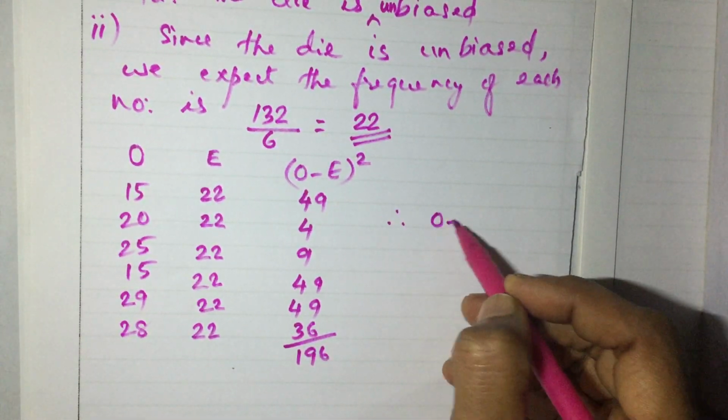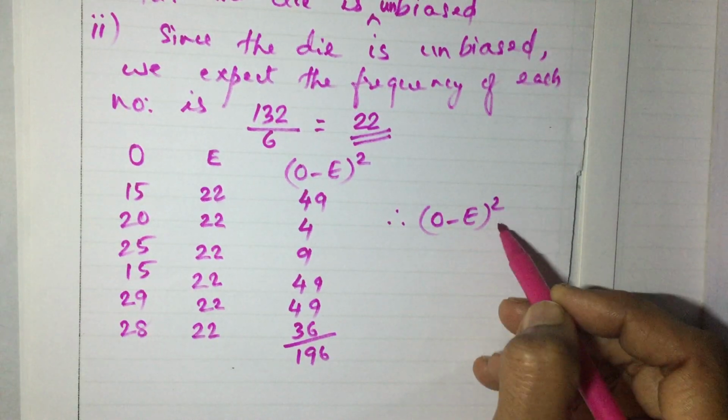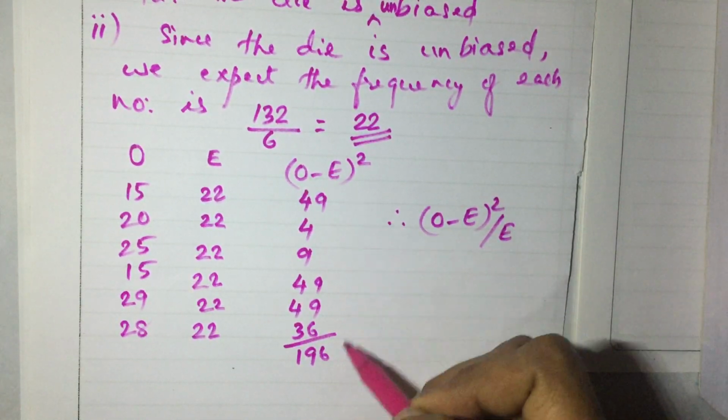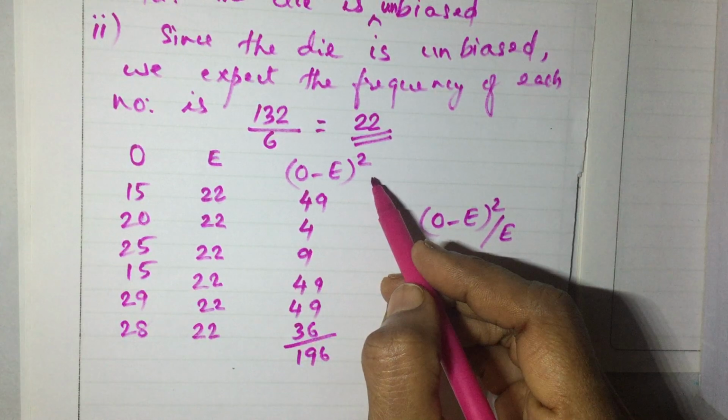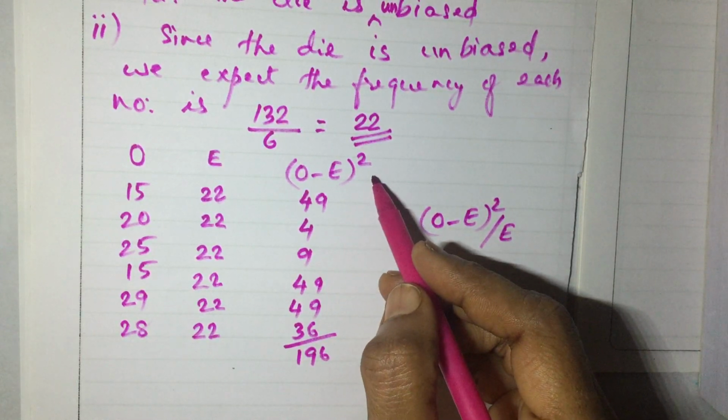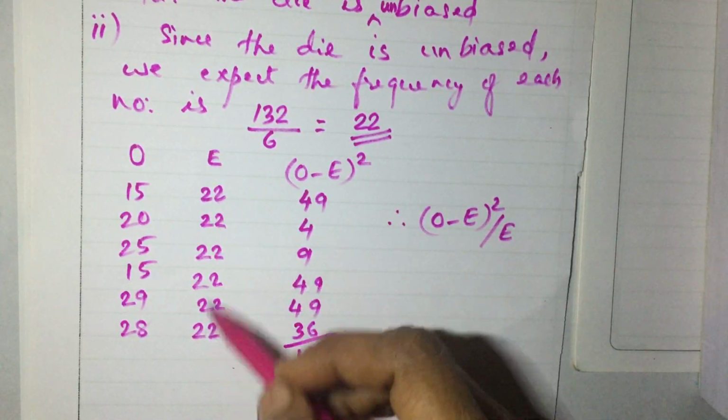Therefore, O minus E the whole square divided by E. Here all the terms are going to be the same, each term will be divided by the same number, 22.